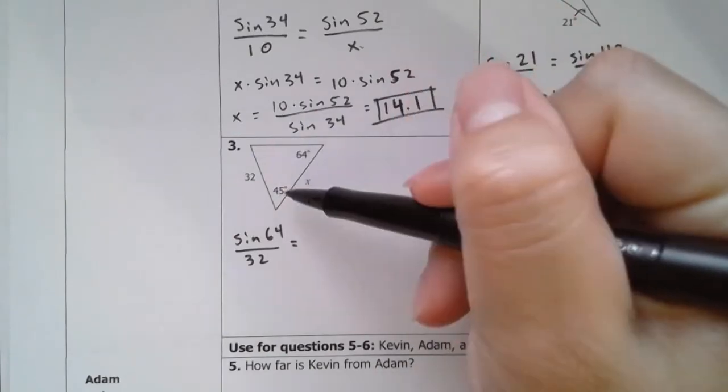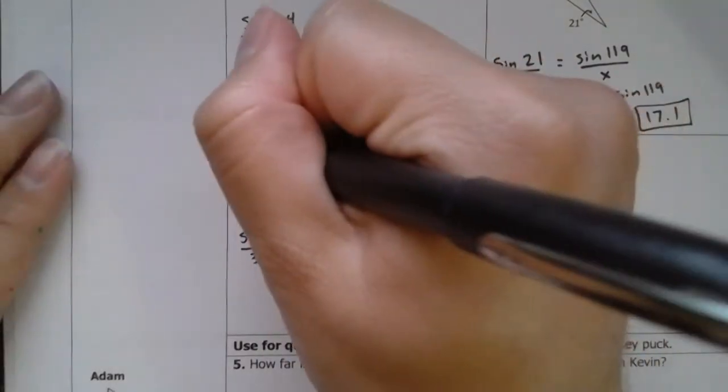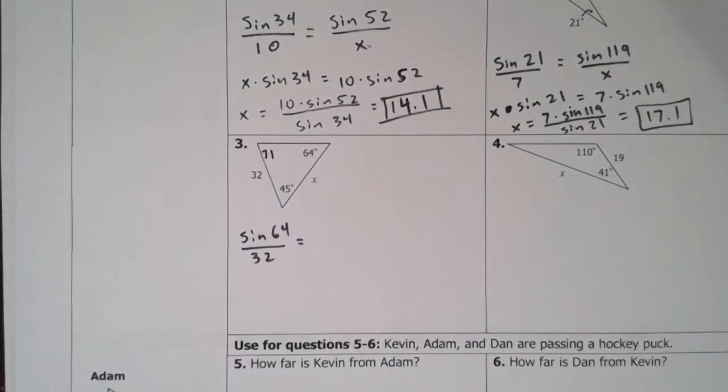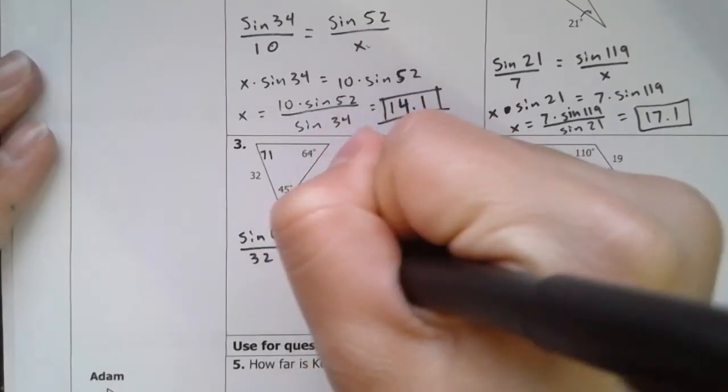I know that all angles inside a triangle add up to 180, so I could do 180 minus 64 minus 45, and when you do that, you get 71 degrees. I actually did this one wrong in my calculations here, so you get 71 degrees, and then that's equal to sine of 71 over x.